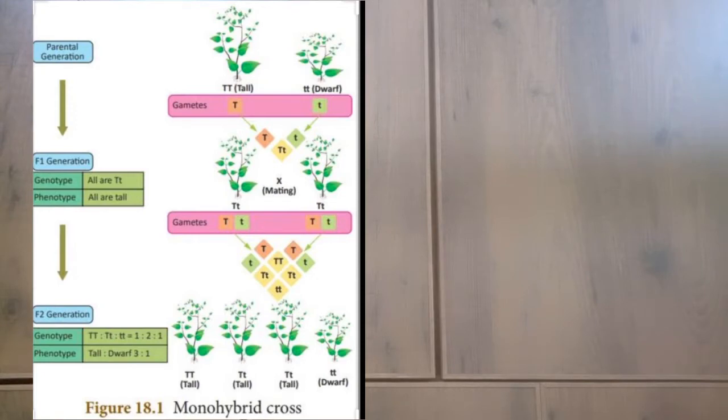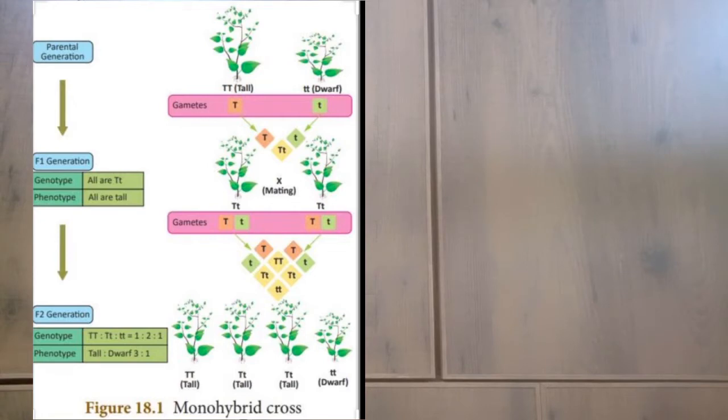Now you might have noticed that in the parental plant, the tall is represented by capital T. That means both the alleles of the gene are the same. The short also is represented by small t. Here also both the alleles of the gene are same. But when we come to the F1, we see that tallness is represented by capital T, small t. Here, both the alleles are not same.